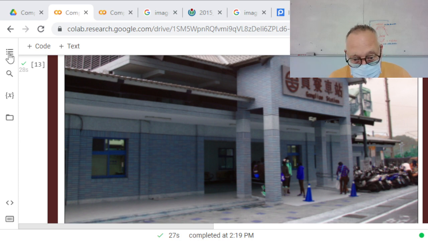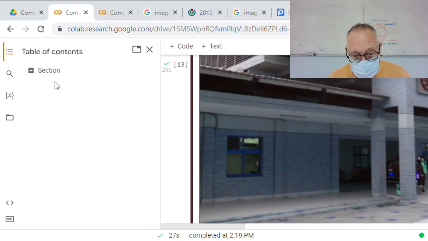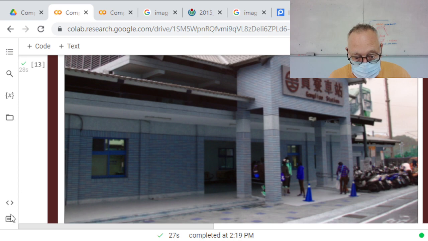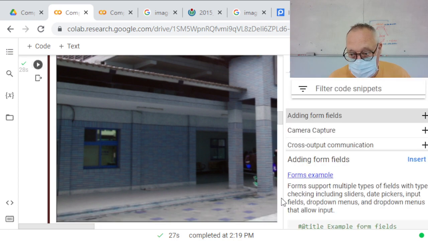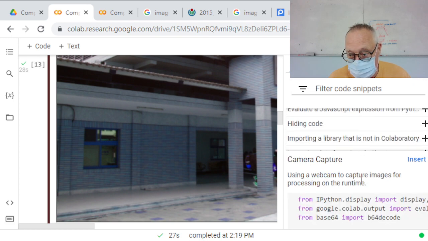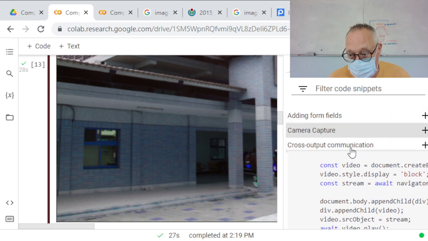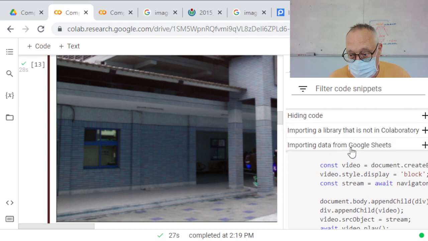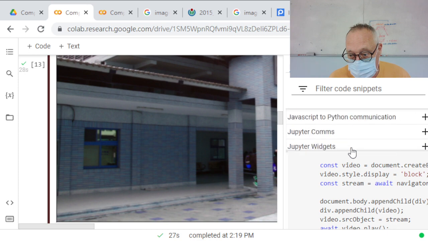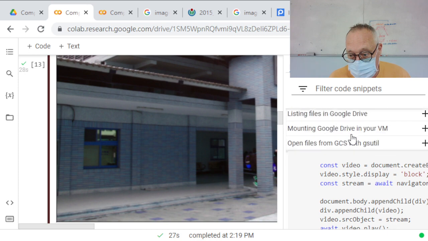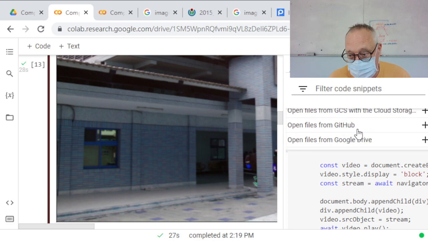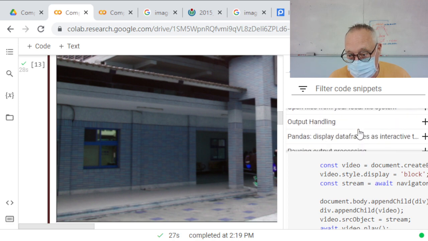Actually, I think this is even in their code snippets.